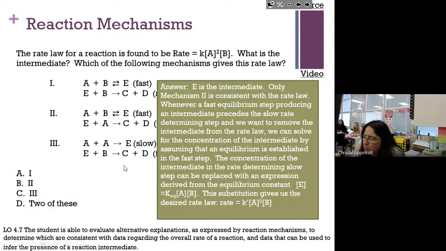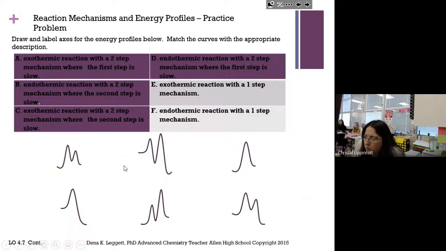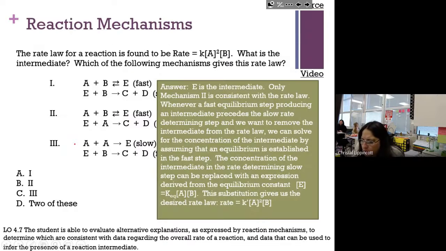Okay, good. All right, exothermic versus endothermic. What's the answer to the last one? E is the intermediate. Only mechanism 2 is consistent with the rate law. So it looks like B is it.